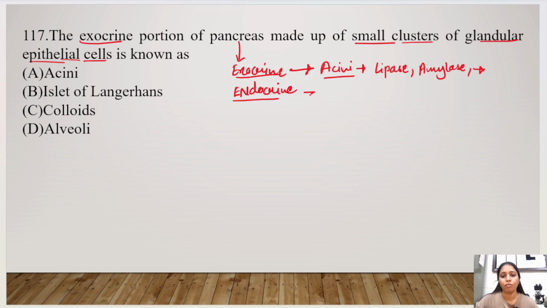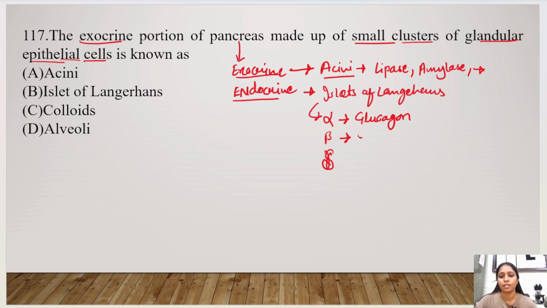And if we talk about the endocrine part of the pancreas, there are clusters of cells known as islets of Langerhans, and here different types of cells are present like alpha cell, beta cell, delta cell. These cells secrete different types of hormones: glucagon is secreted by alpha cells, beta cells secrete insulin, and delta cells secrete somatostatin.